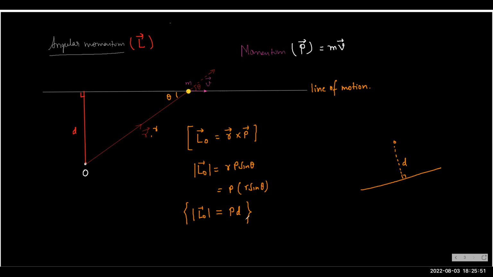And what is also interesting to know here is that no matter where the particle is, as long as the line of motion is maintained, can we say the angular momentum is maintained or constant? So if you keep on moving on the same line, the d will remain same or change? Remain same. Yeah, so that's the whole idea.